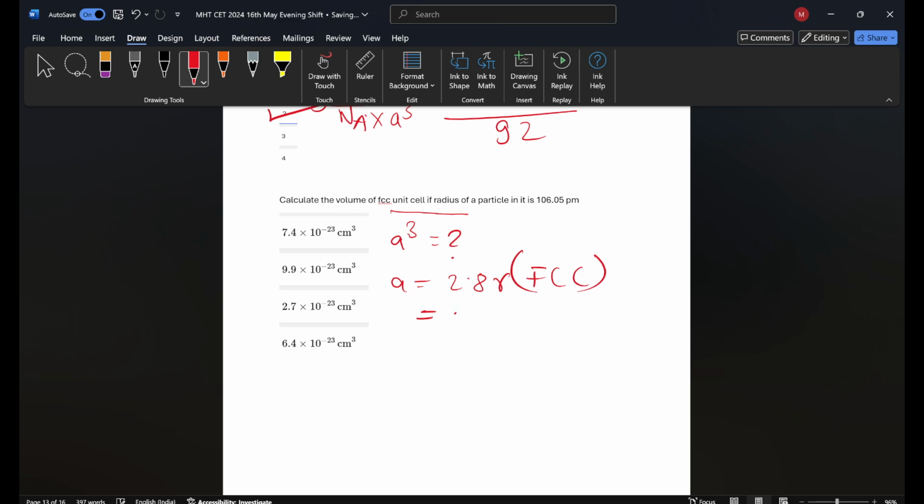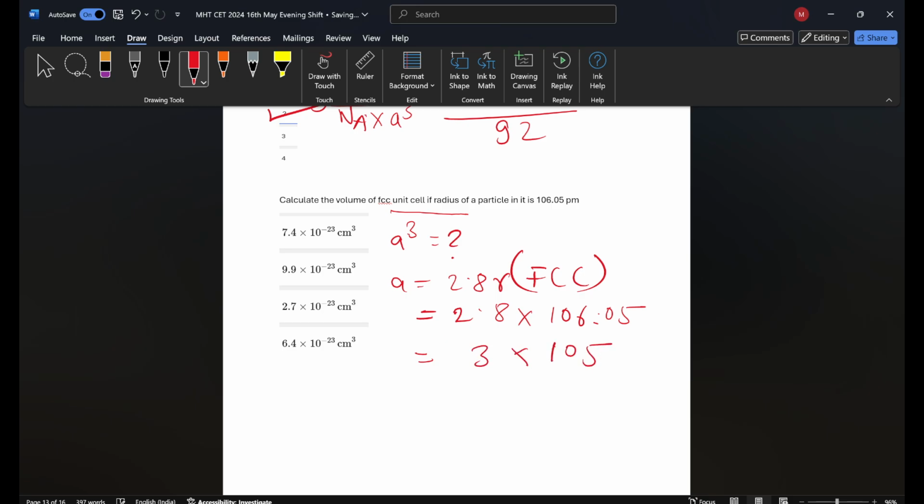2.8 is given. So 2.8 into 2.8 into 106.05. So this is close to 105, I think. Yes, 105. Sorry, this is close to 105.